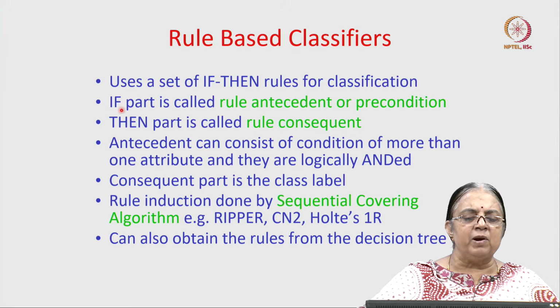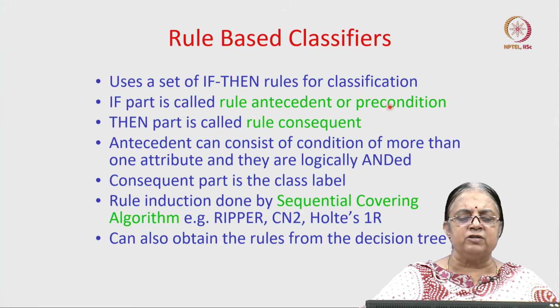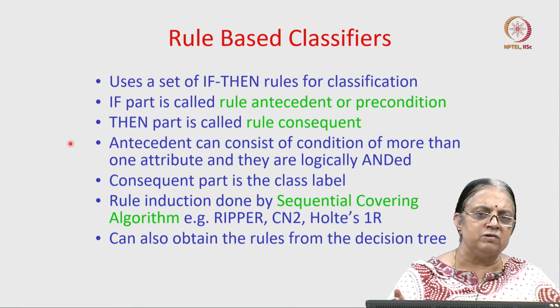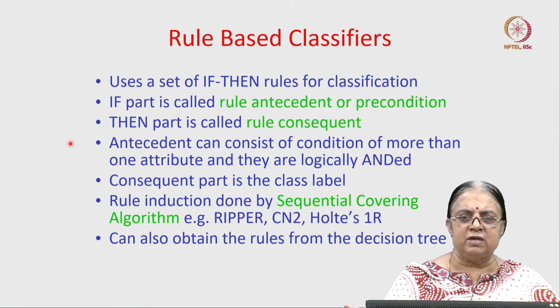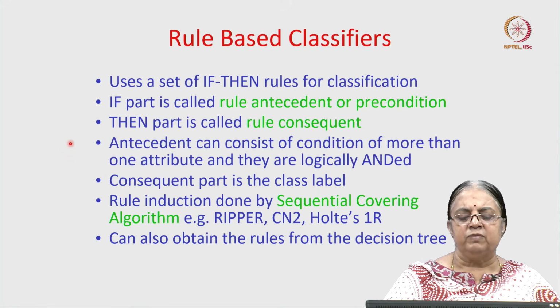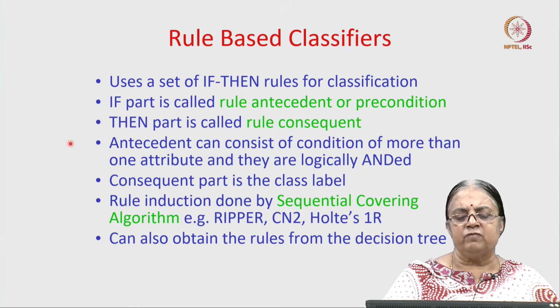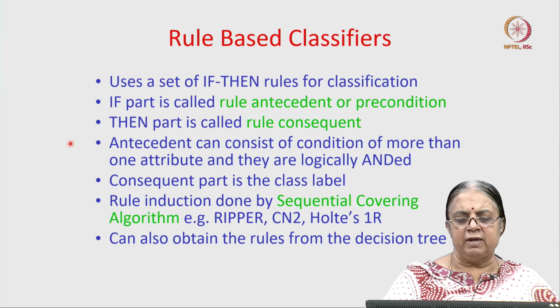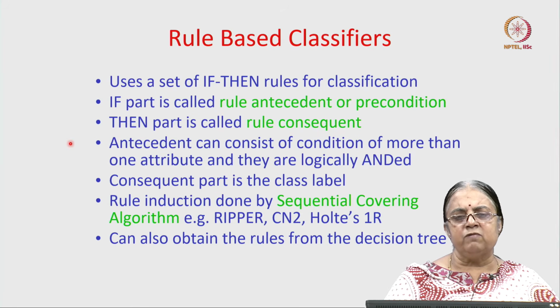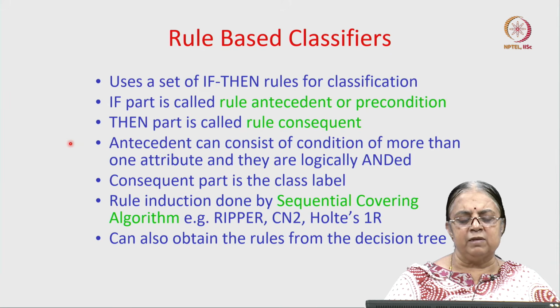So, the if part of it is called the rule antecedent or precondition, and the then part is called the rule consequent. The antecedent will consist of conditions on one or more attributes or features. So if this feature has this value, if this feature has this value, etc. If you have more than one, of course, they are all ANDed together, and the consequent part is the class label.